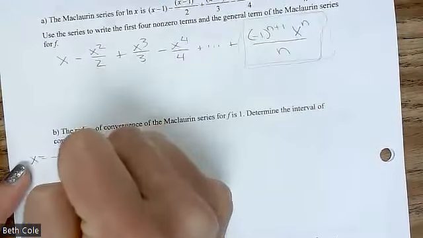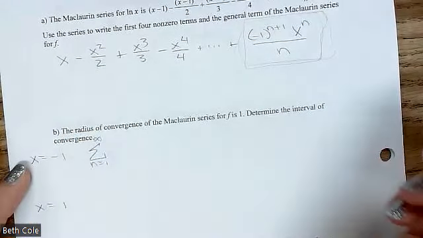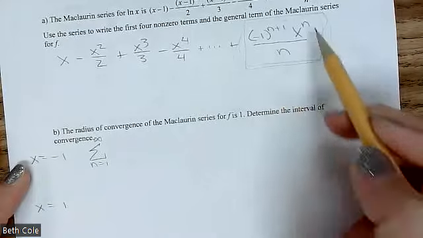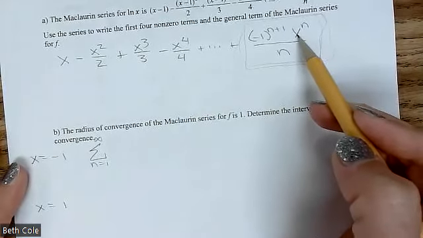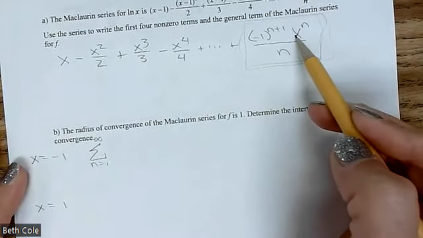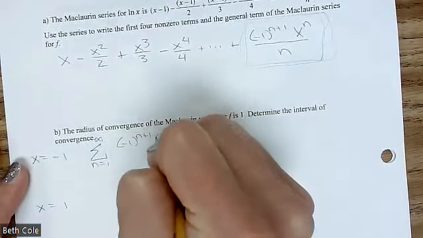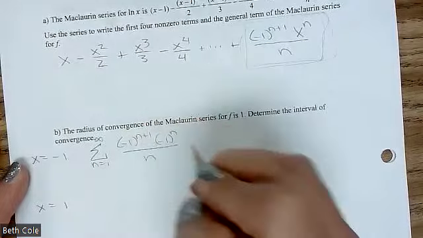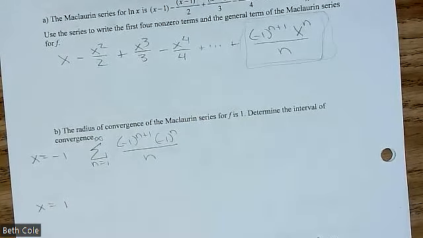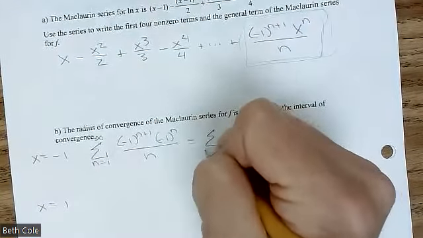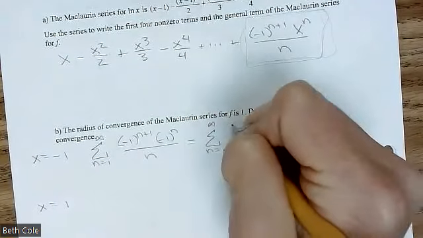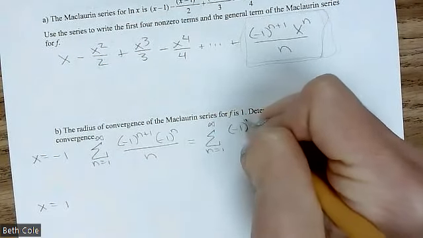So we're going to have summation from 1 to infinity of this thing, and we're just going to plug in -1 for the x. So I'm putting -1 right there. Now I would combine the -1s together. When you multiply, you add your exponents. So it would be -1 to the 2n plus 1.